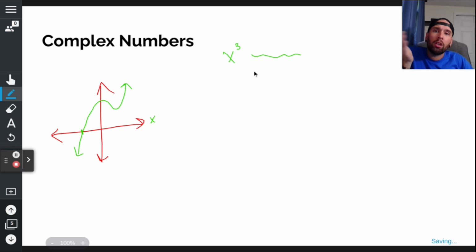I know it's a cubic, but it's asking me how many real zeros I have and how many complex zeros I have. Okay, well, a real zero is going to be wherever it crosses your x-axis. I have a real zero. Now, the amount of total zeros that I have comes from the degree on the leading coefficient.